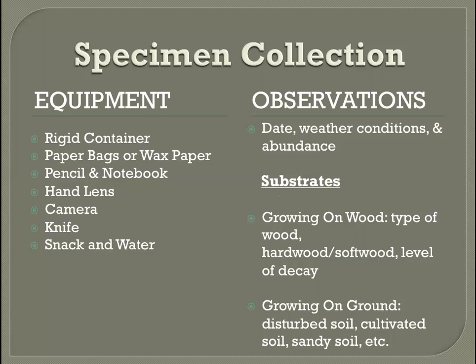I'll make sure that I get the picture of the fruiting body as they're standing, and then I'll pick a mushroom and tip it over so that the gills are showing, and I'll take a picture of that standing fruiting body next to a mushroom that's tipped over so I can see the gills and the gill attachment and some of the other features. And you can record a lot of details just with a camera or maybe your smartphone. That tends to be my go-to just because it's in my pocket, unfortunately, often.